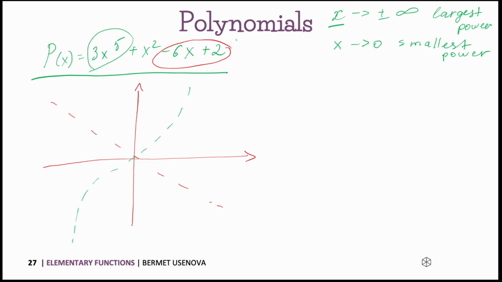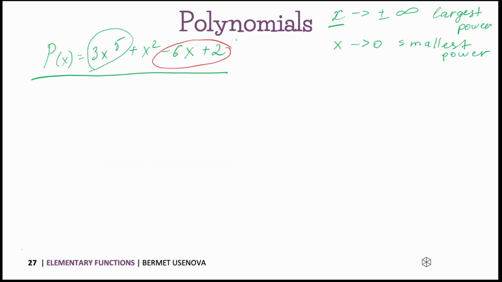So it means somewhere here it will behave like this, around 0. But then the more x approaches minus and plus infinity, it will behave like the larger power. So it will kind of curve towards here and go towards here. So our polynomial in the end will look something like this, as a sum of both.